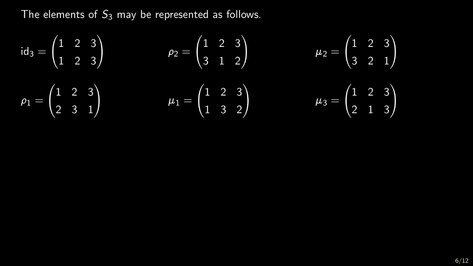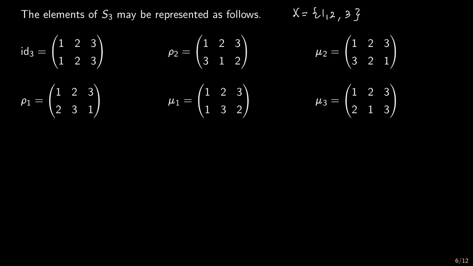You may have seen the set S sub 3 from a previous lecture. In this case, because n is 3, we are really considering the permutations on the set 1, 2, and 3. Normally we draw arrows or diagrams to represent mappings or bijections.